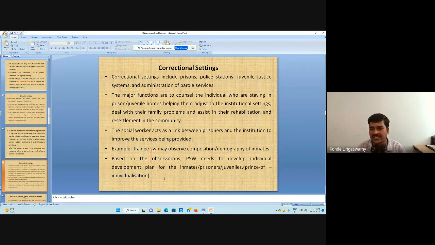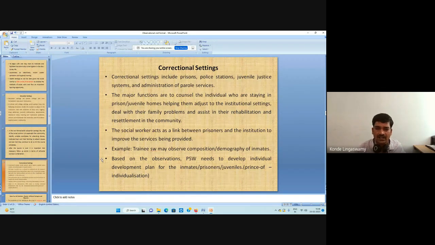Based on the observations, the social worker needs to develop an individual development plan for the inmates, prisoners, or juveniles. This is the principle of individualization. Based on each case, we can plan a development plan for each individual.